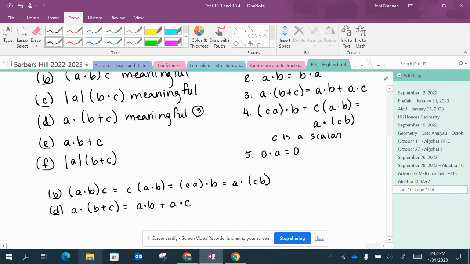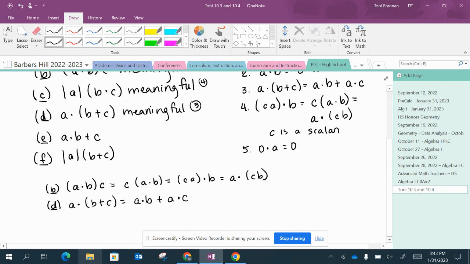And then finally, C. C relates back to, in my opinion, number 4. Because think about it. What is the length of A? That's what those bars around A mean. It's asking you for the length of that vector. What is a length?